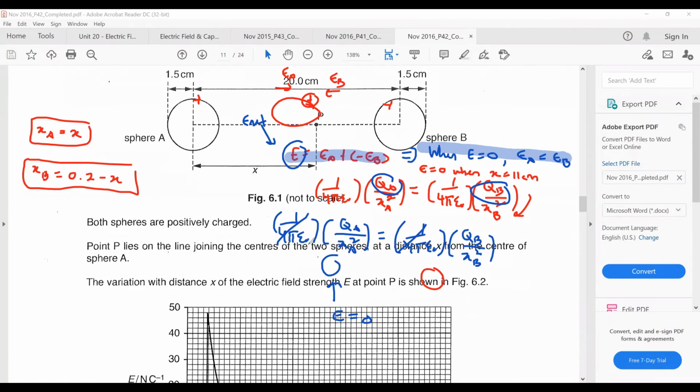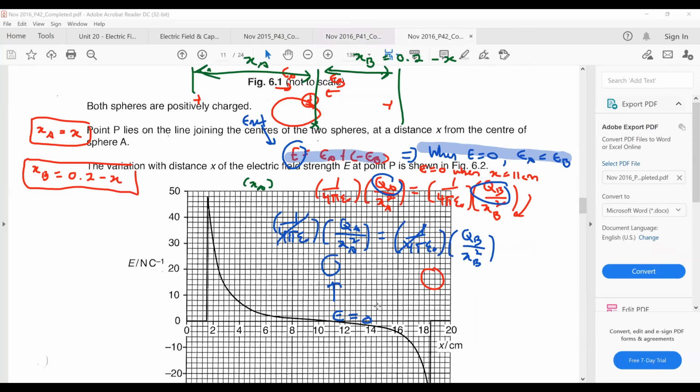What I mean by that is this one. If you look at your diagram, this is the point you're considering. This one is XA. This one is XB. It's actually the total length minus x itself, or minus XA. So just be careful about your length.